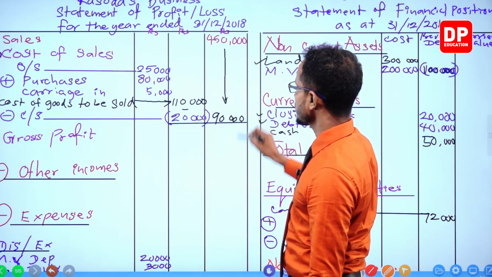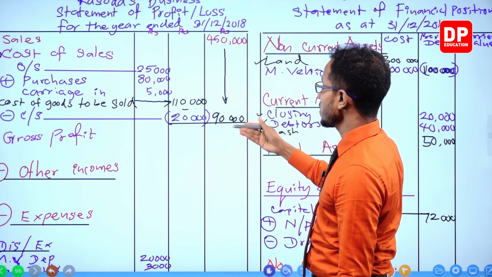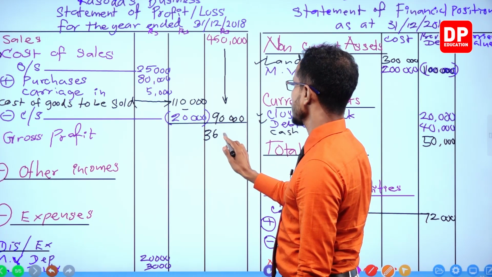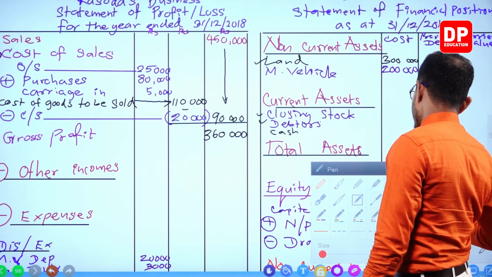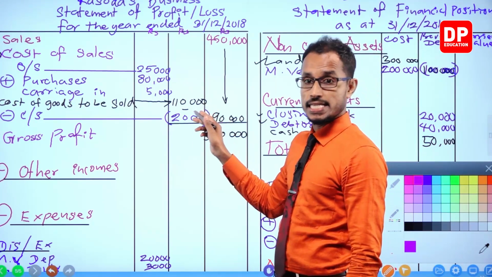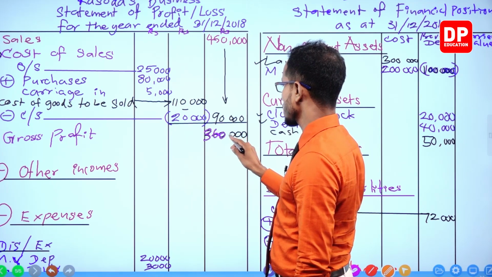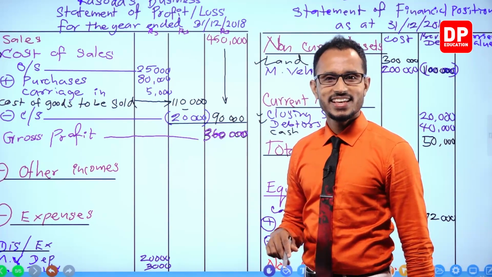Now what you must do, from sales minus cost of sales, 450 minus 90, it's 360. 360,000, and that is your gross profit. Here we go. The gross profit.